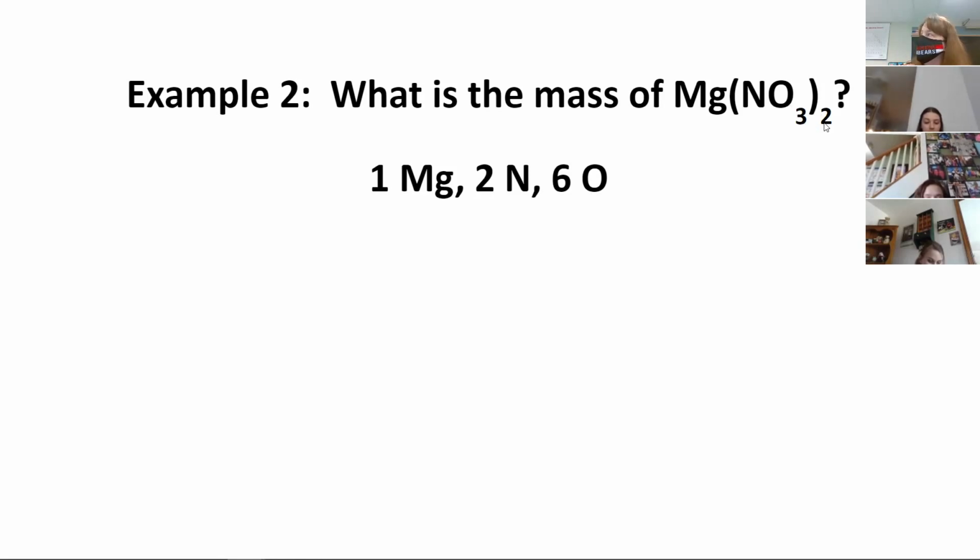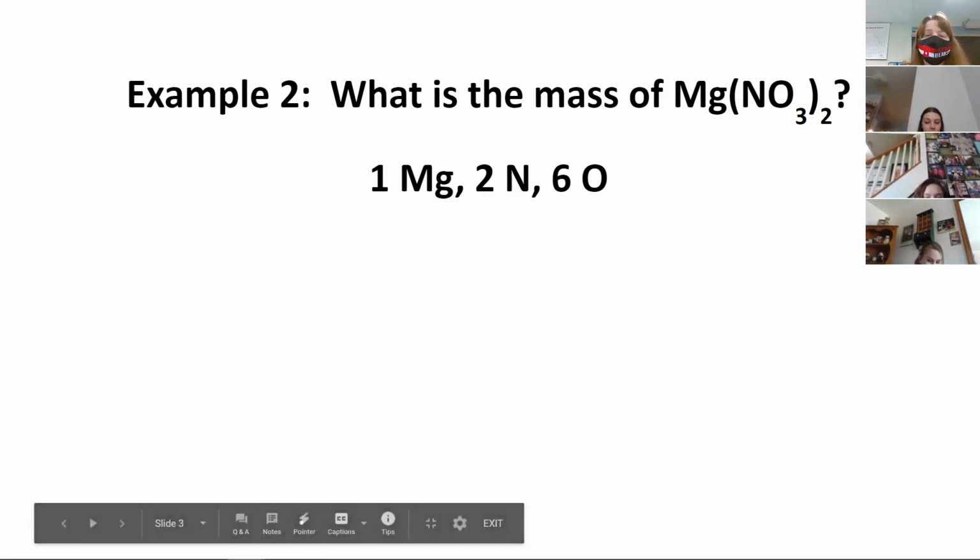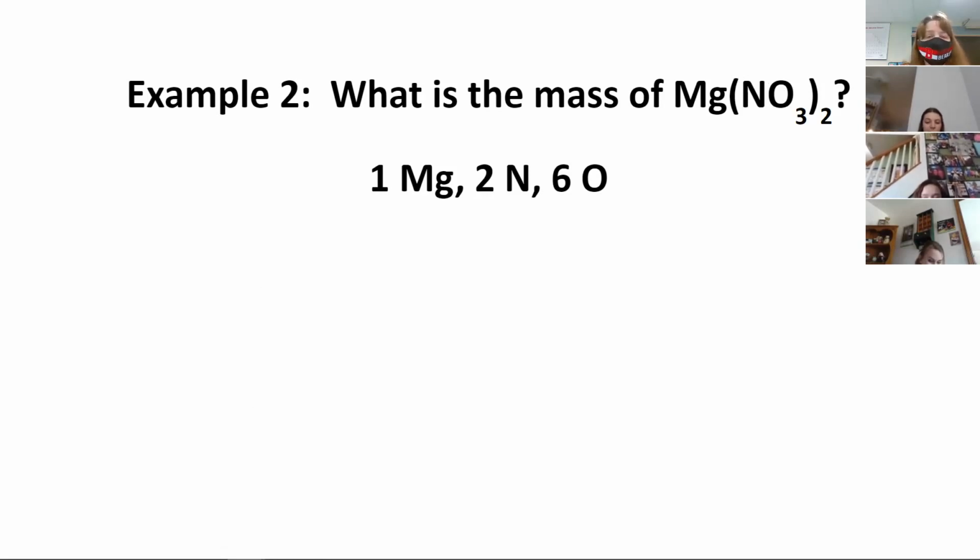But this 2 tells me that we have 2 entire nitrate groups. So if I were to actually write this out, what we have here is 2 of these NO3 groups, okay? And you can see there then that we have 1, 2 nitrogens, and 3 plus 3 gives us 6 oxygens.